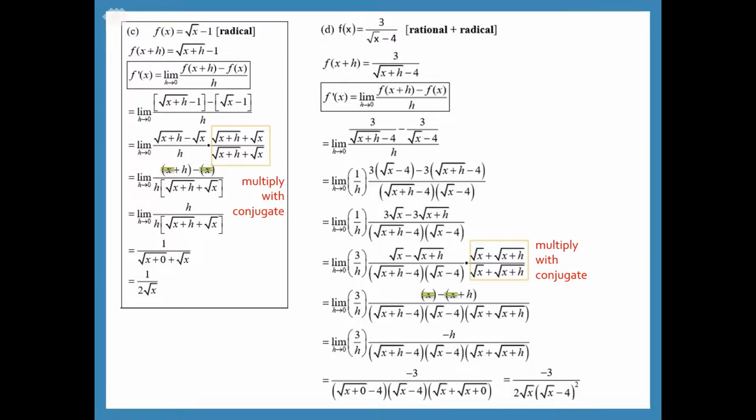Bring 1 over h to the front and multiply both numerator and denominator by the conjugate of the numerator. Simplify once again and replace the h with 0. You will get negative 3 over 2 square root x multiplied with (square root x minus 4) squared as the answer for f prime x.